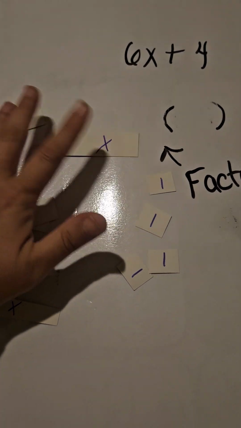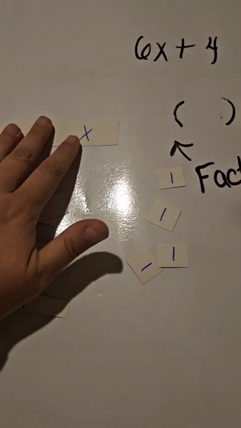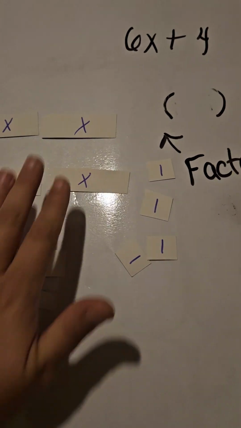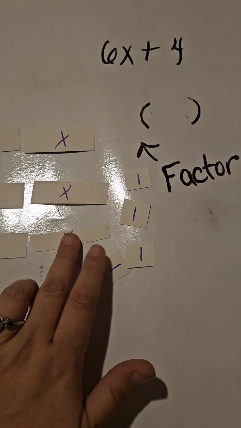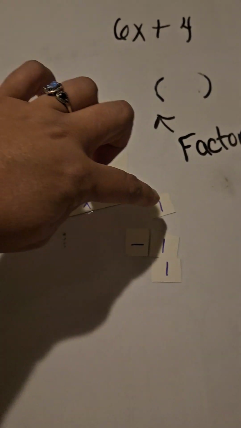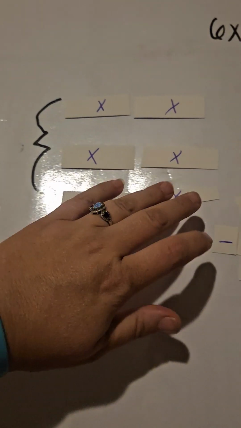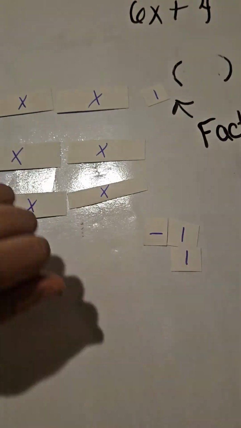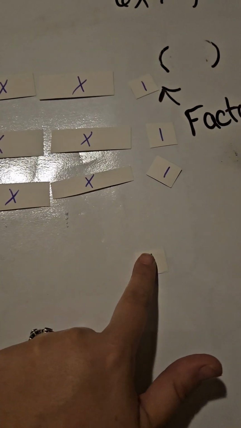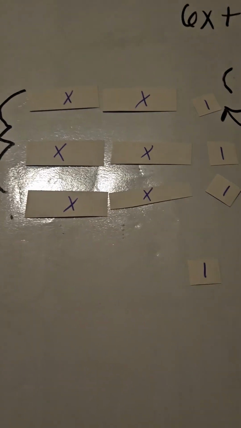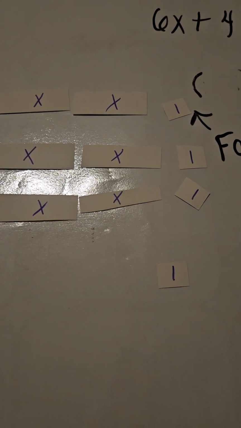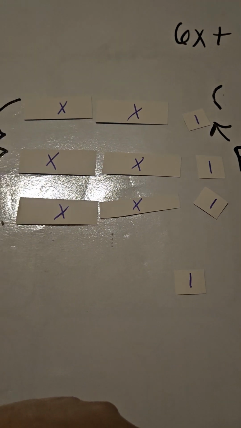So now let's try it with 2 x's in each row. And let's see if I can split my ones up that way. Let's see, there's a 1, a 1, and a 1, but I still have a 1 left over. So that still does not give me equal rows because I have a remainder.